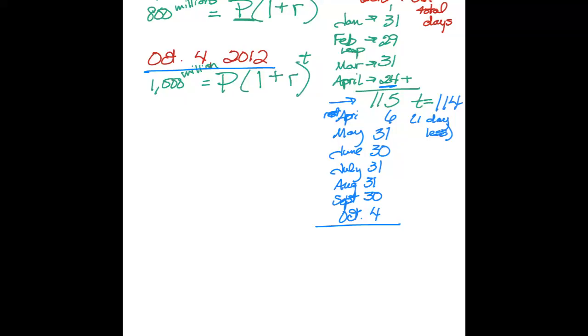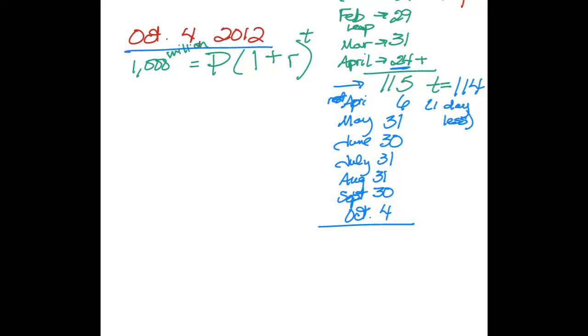So let's count all the days. Starting at 115, 5, 6, 11, 12, 13, 14, 15, 16, 17, 18. Carry the 1. 278.